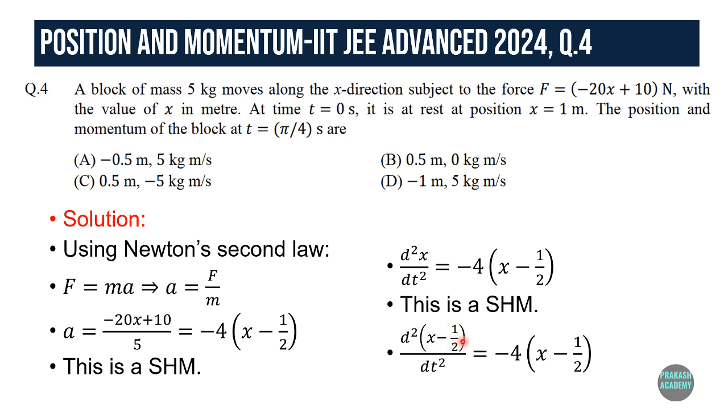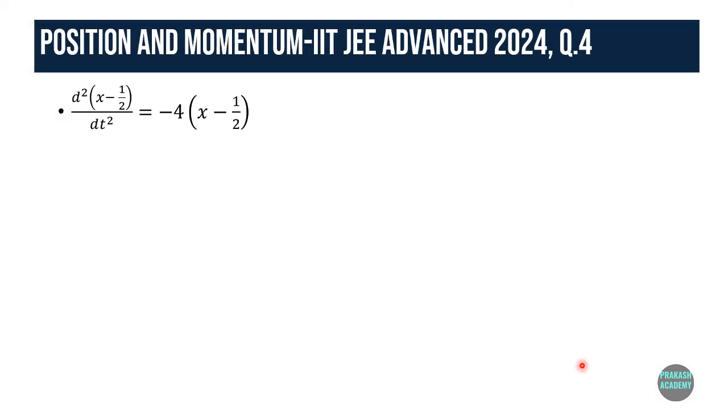I am doing this to match this. So this is my bigger X, and this is my bigger X. Now it completely resembles simple harmonic motion. So this is d2Y by dt square equals minus omega square Y, where Y equals x minus 1 by 2. Now I can write the solution of this equation.